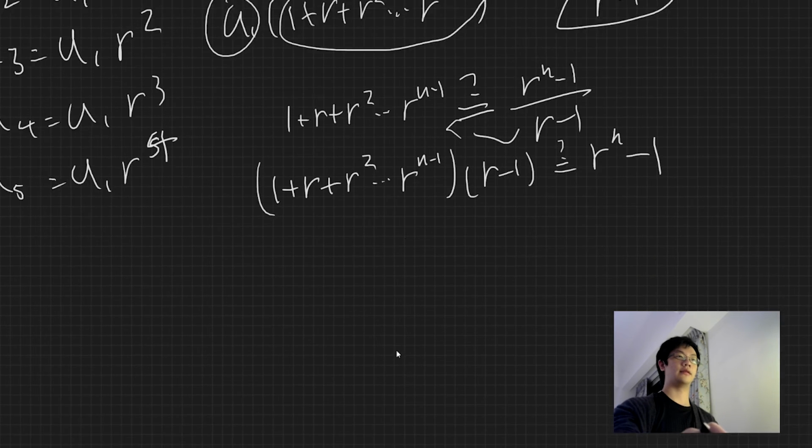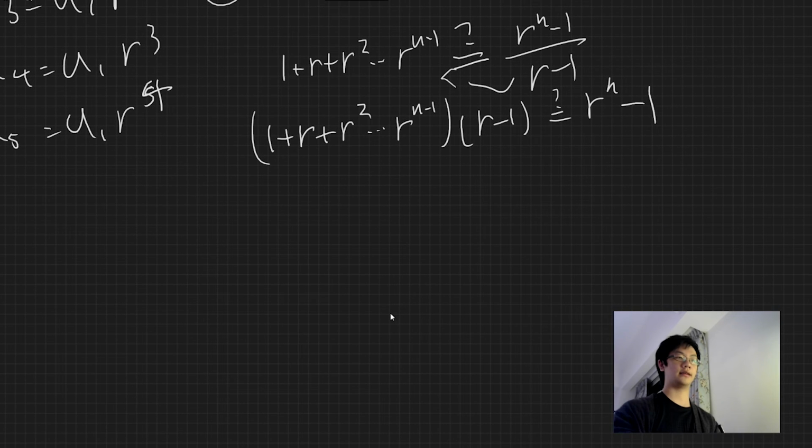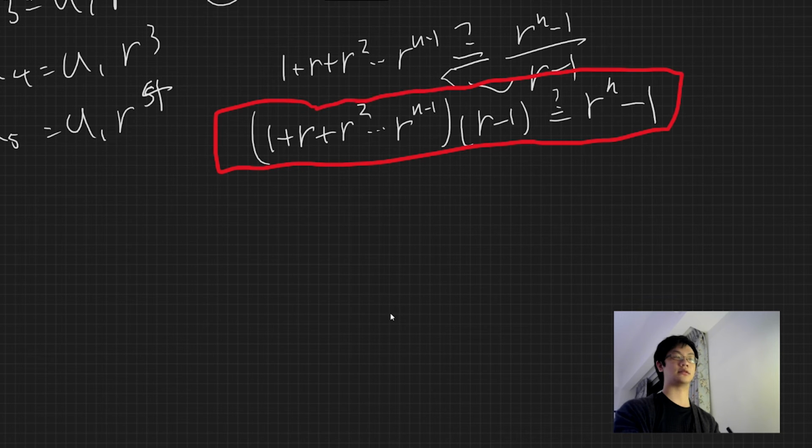Now, if I prove that this second line, which I'm circling right now, is true, then I'm proving the first line is true because they are equivalent statements. This is much easier to prove than this because doing this division is a huge pain, but doing this expansion is actually a lot easier.